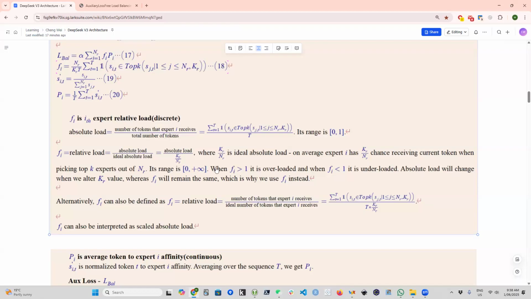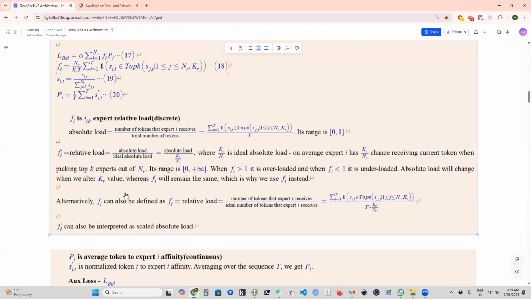If f_i equals 1, the absolute node is equal to the ideal node, that's what we expect. If it's larger than 1, then it's overloaded, right? If it's smaller than 1, it's underloaded, right?